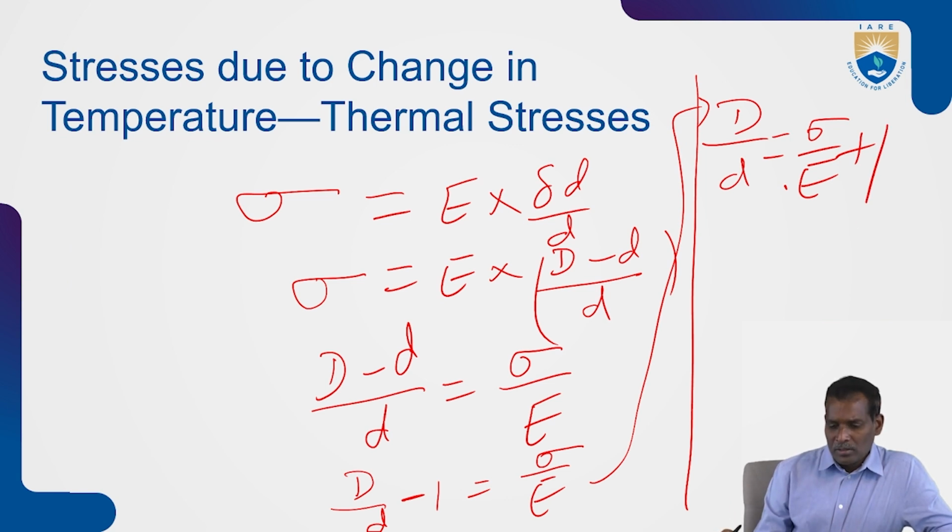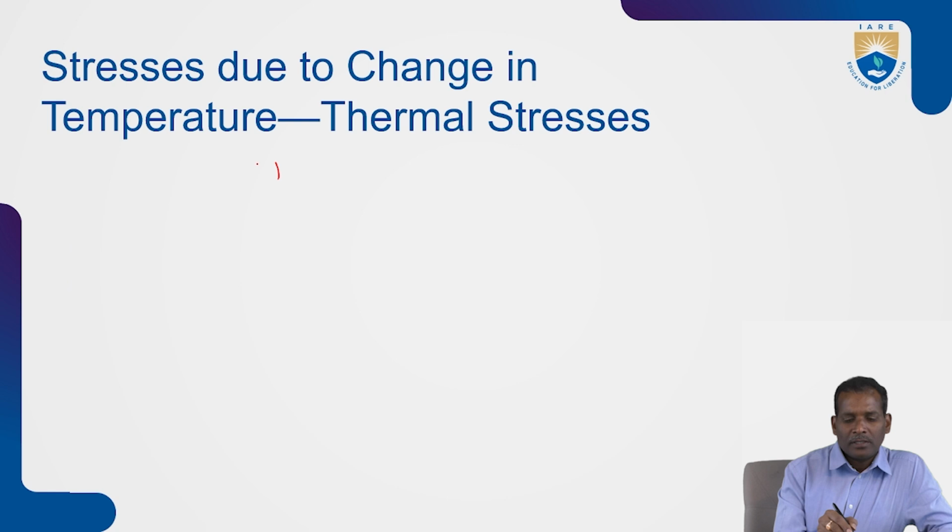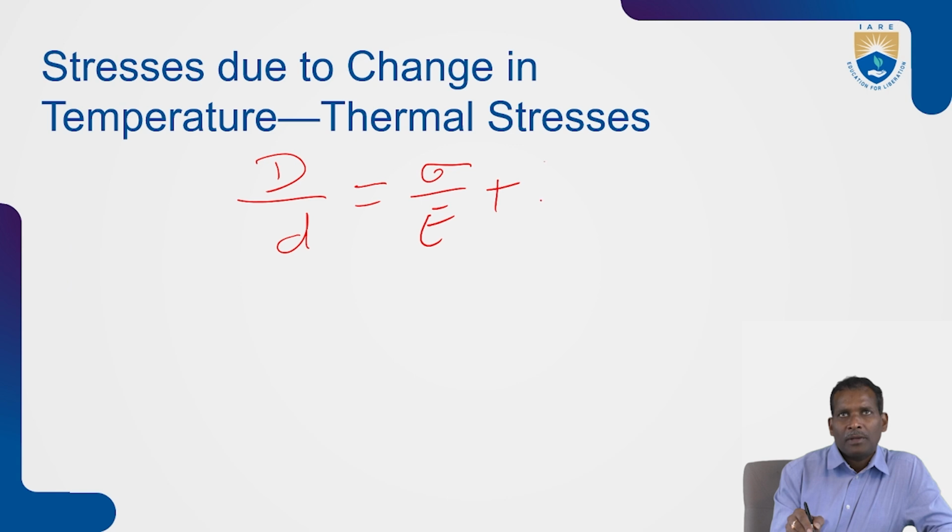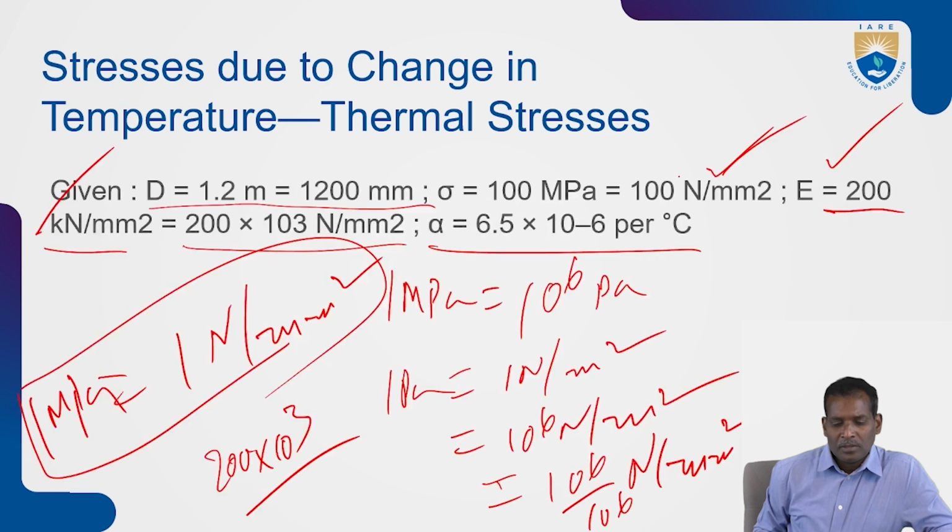Clear? So now substitute the given values in this equation. So what is the final one? Capital D by small d is equal to sigma by E plus 1. So here substitute the given values.